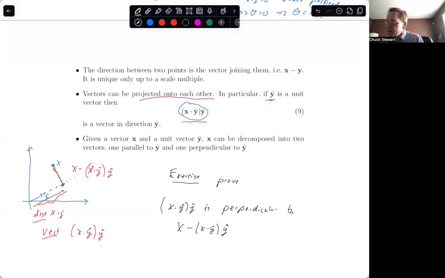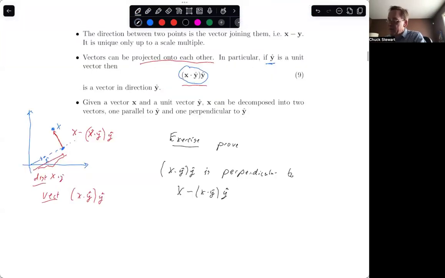You do this using the dot product and show that the dot product is 0. Okay, that's a quick little exercise.